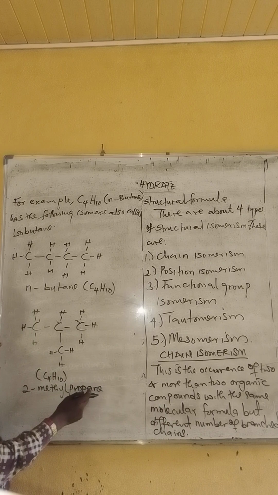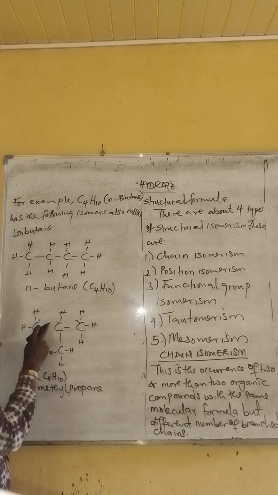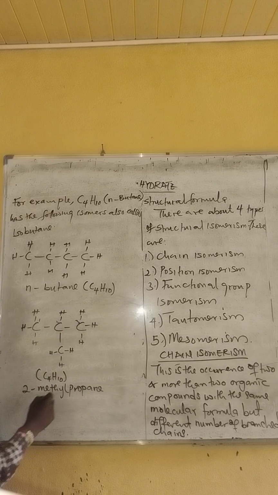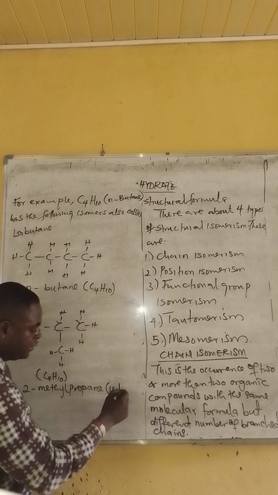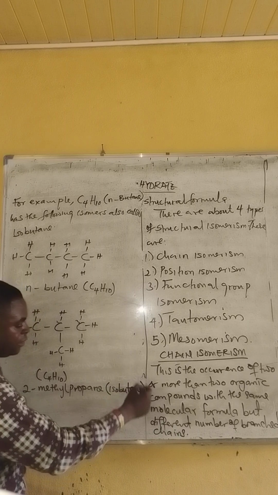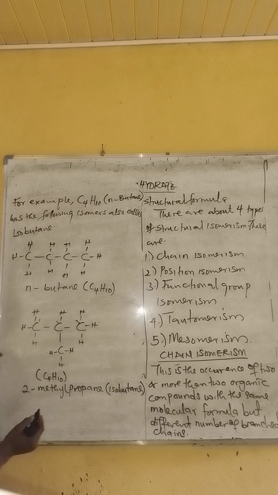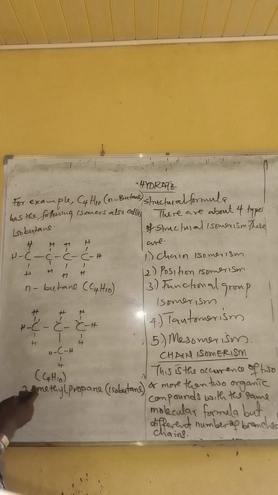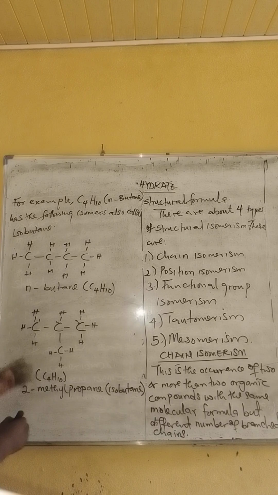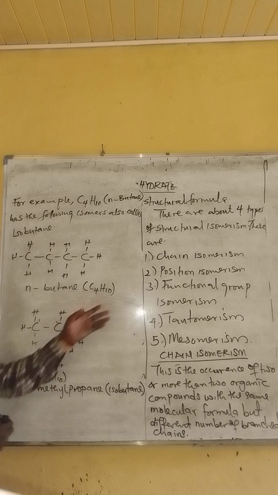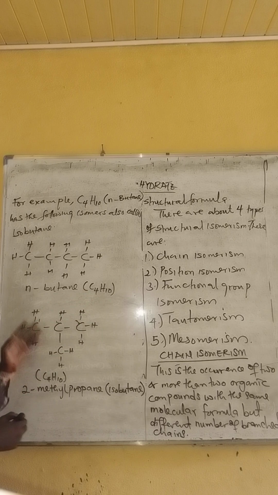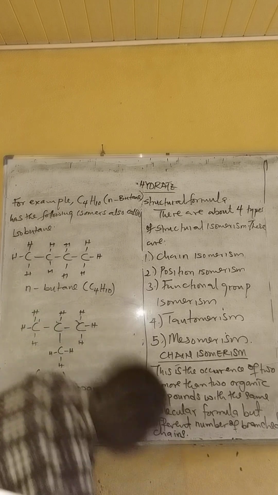Pro for three carbons, ane because we have carbon-to-carbon single bonds. This one is also known as isobutane. So we can conclude that butane has two isomers: n-butane and 2-methylpropane. You can go on and on to check.